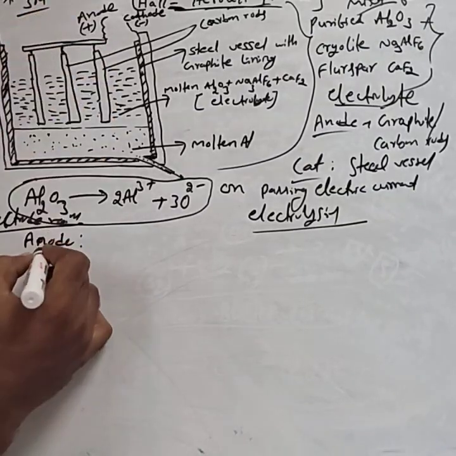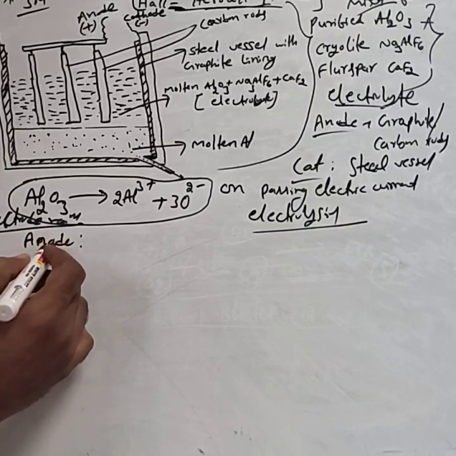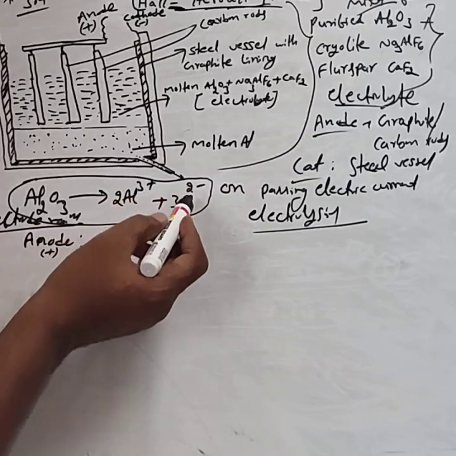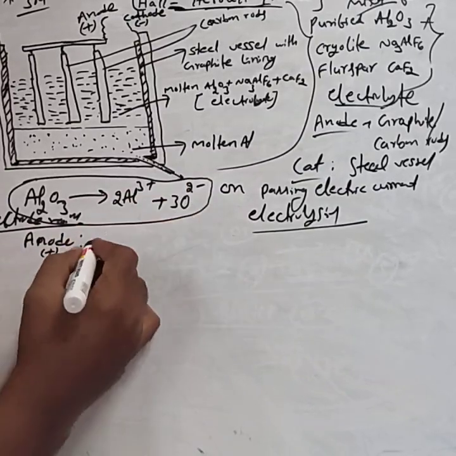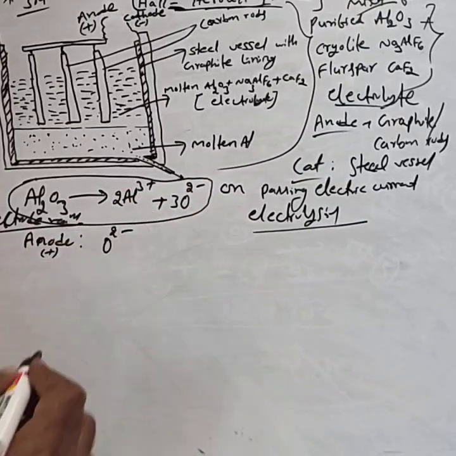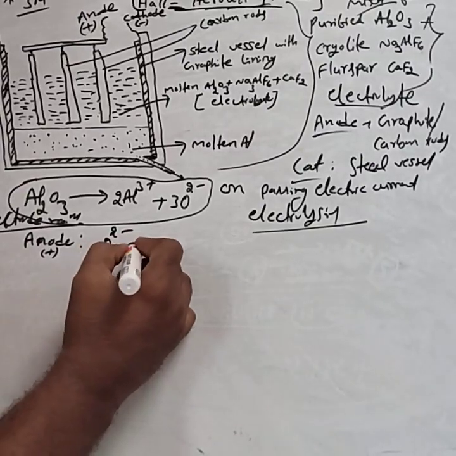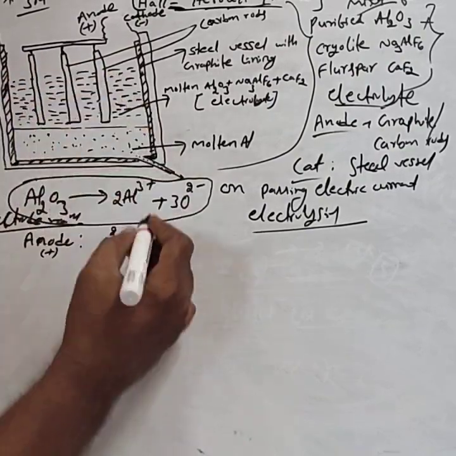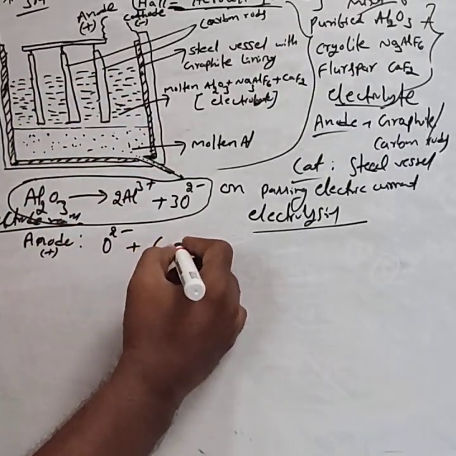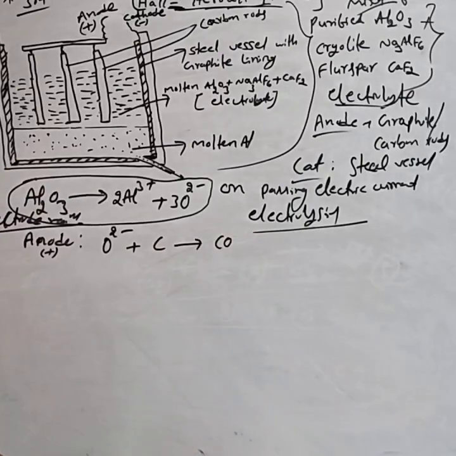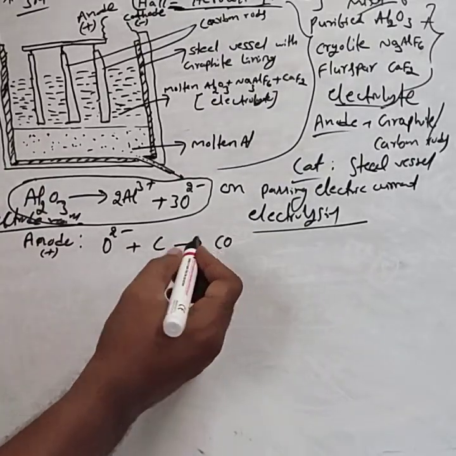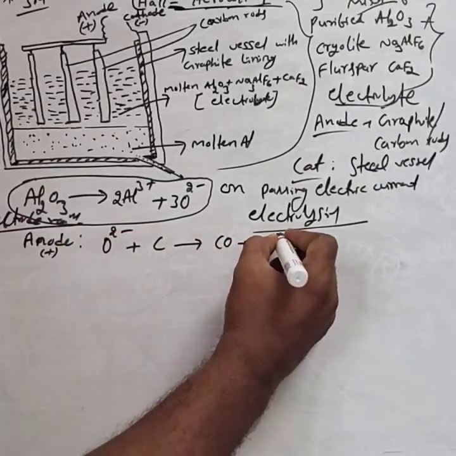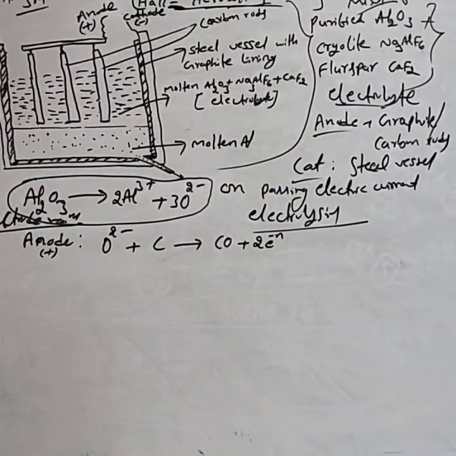Electrode reactions means write the anode reaction and the cathode reaction. The anode is a positive rod. Towards the positive rod, the negative ion O2- gets attracted. That O2- reacts with the carbon rod, C, forming CO, with loss of 2 electrons.